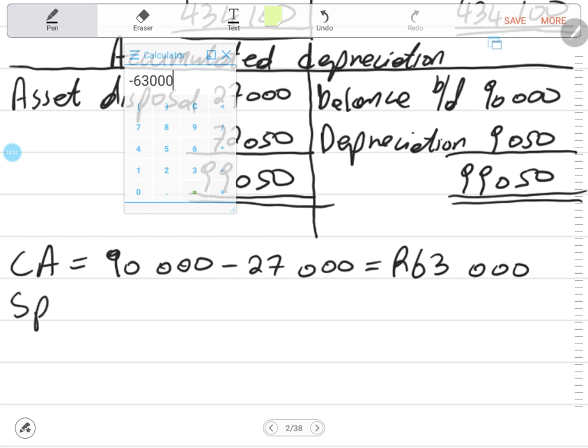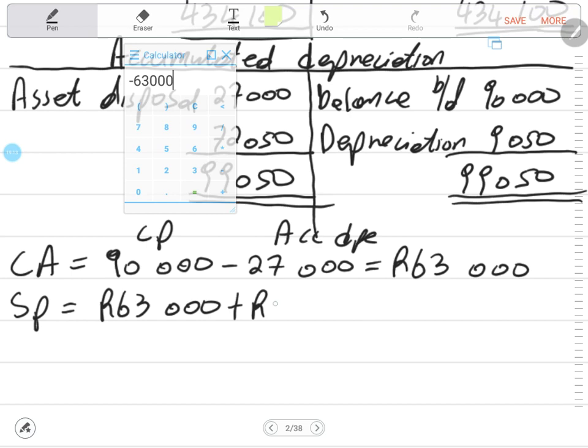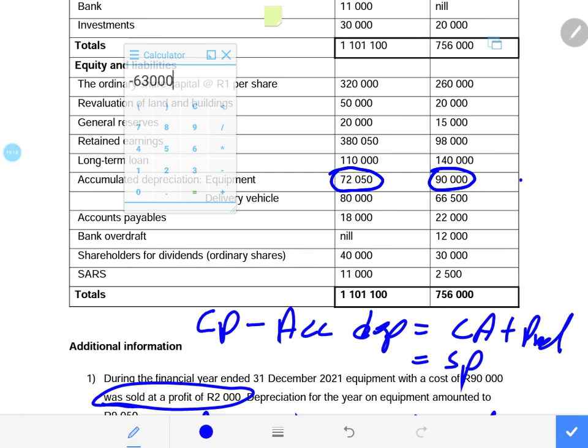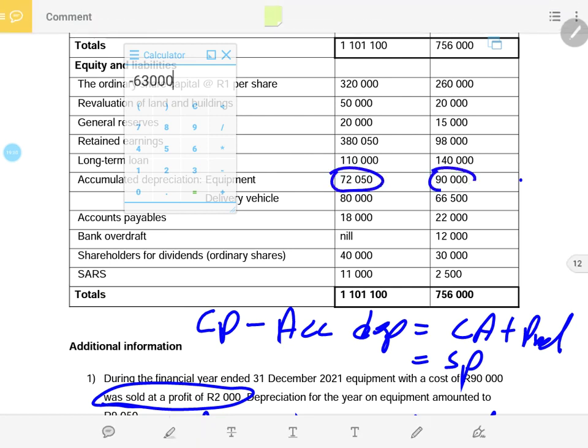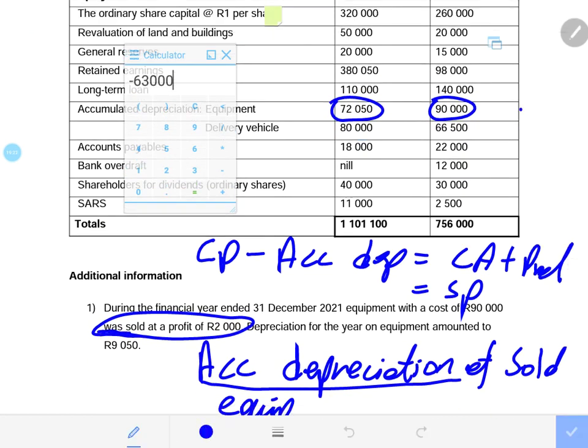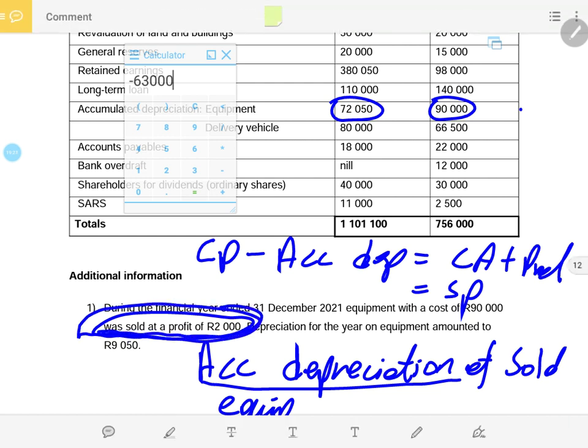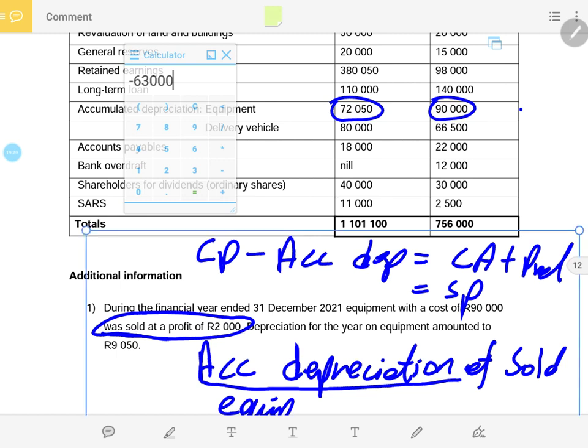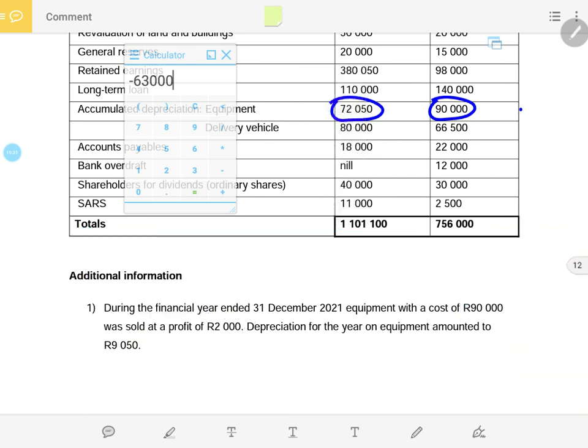So now we can say selling price of the equipment. Remember, this is cost price, and this is accumulated depreciation. The selling price of the equipment will be 63,000 rands plus the 2,000 rands. Remember, 2,000 rands is the profit that was made on the sale of this equipment. It was sold at a price more than the carrying amount by 2,000 rands.